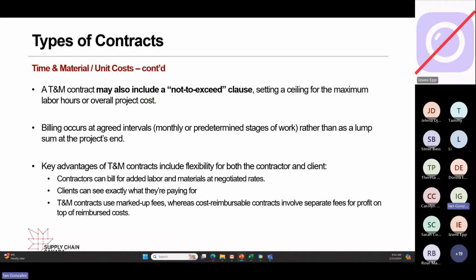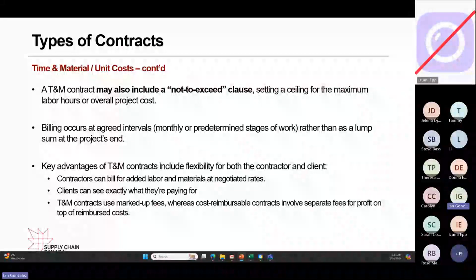A T&M contract, like cost reimbursable, may include a not to exceed clause, setting a ceiling for the maximum labor hours or overall project cost. There's a little bit more control when you're doing T&M. Okay, billing occurs at agreed intervals, monthly or at predetermined stages of work, rather than as lump sums at the end.